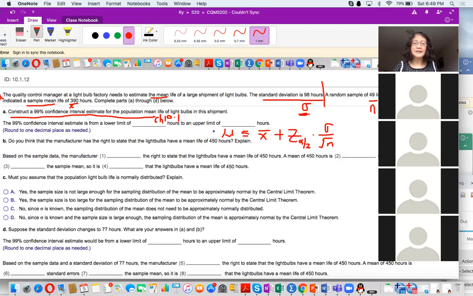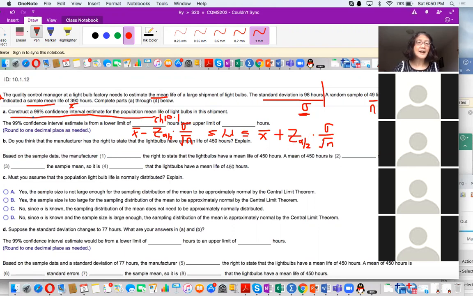And the population mean mu is greater than or equal to sample mean x bar minus Z half alpha multiplied by standard deviation over the square root of sample size. This is method 1. You know every number. X bar is 390, sigma is 98, n is 49. The only thing you are concerned with is this Z half alpha.